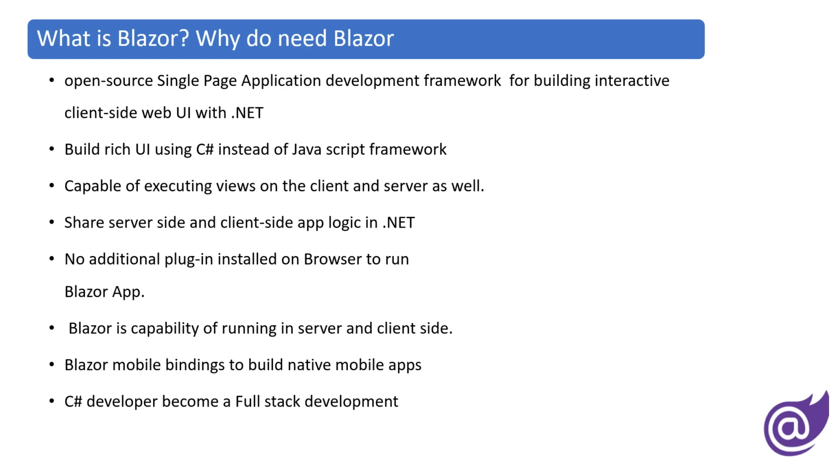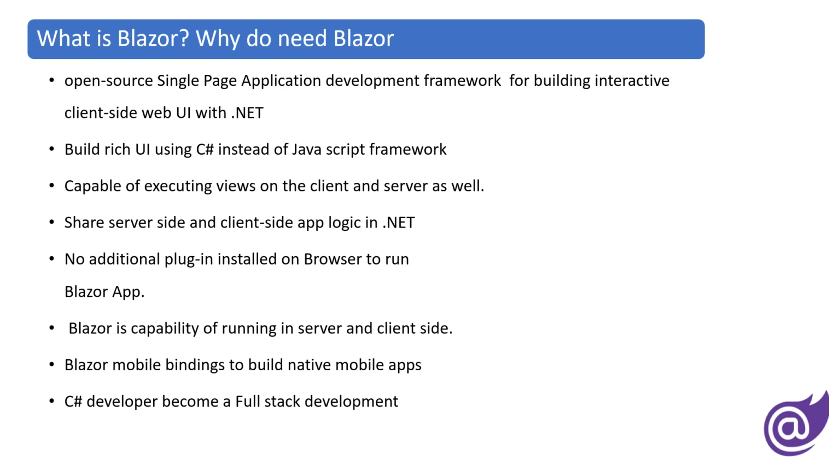One more advantage: in .NET we already have a lot of NuGet packages, and we can leverage those packages and that functionality on the client side as well. Earlier, we had different packages for the client side, npm packages, and server side NuGet packages. It was difficult; we could not leverage the same kind of code on the client side.